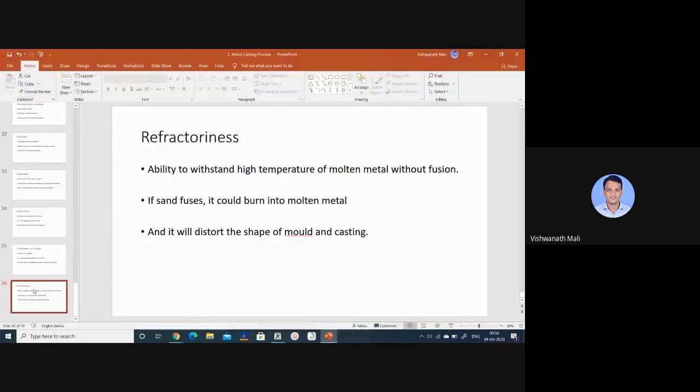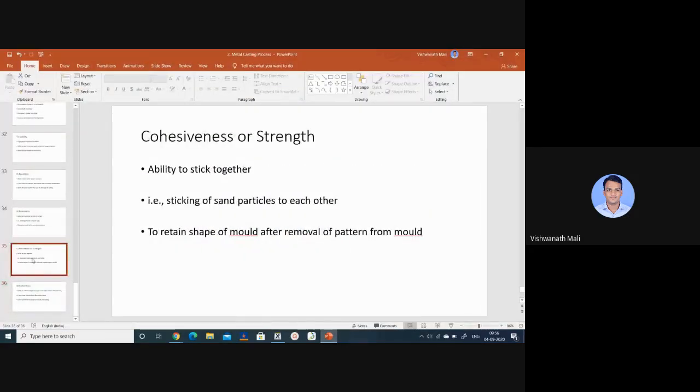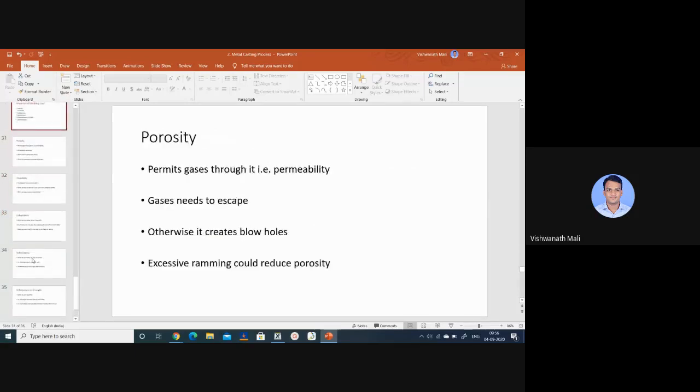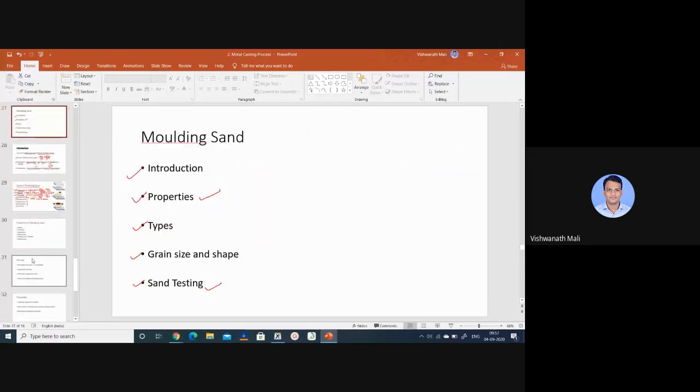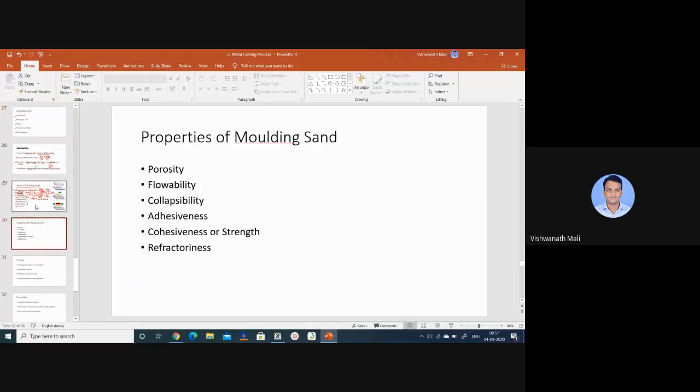Any doubt in this? What have we seen today? We have seen the introduction: what is molding sand, and from where we get it. Generally we get it from sea and river. Then what properties are required, and the types.